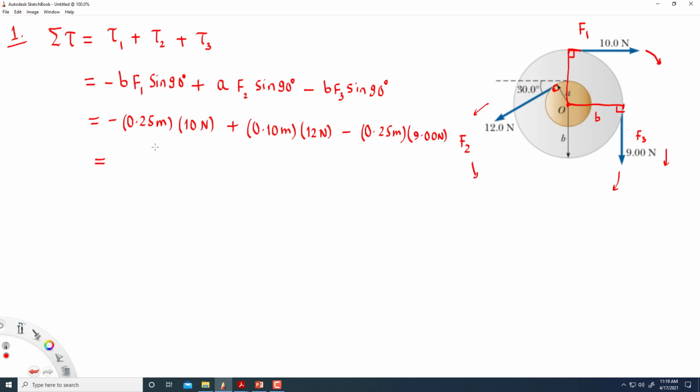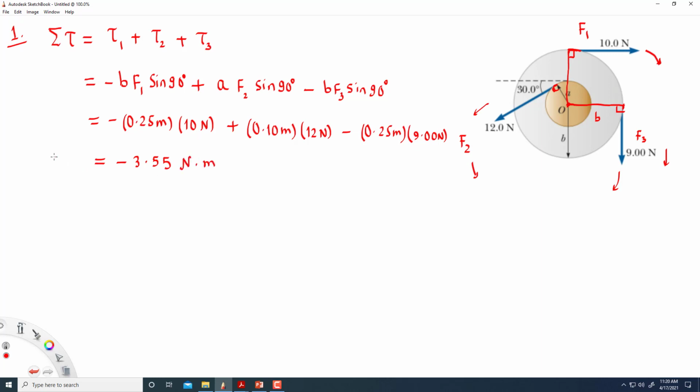So negative 0.25 times 10 plus 0.1 times 12 minus 0.25 times 9, that is negative 3.55, and the unit for torque is Newton meter.